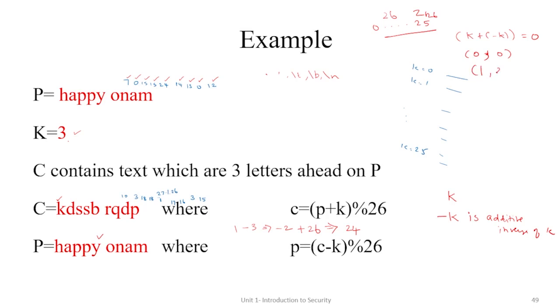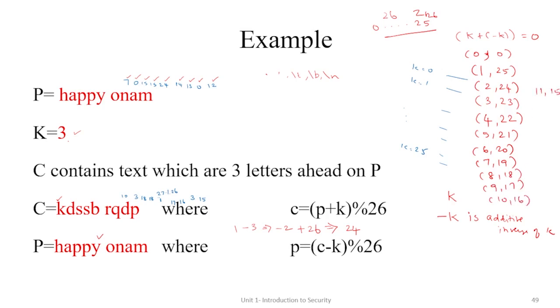If you add 1 and 25, you get 26. 26 mod 26 is 0. So for 1, it is 25. For 2, the additive inverse is 24. 3 means 23. If it is 4, its corresponding additive inverse is 22. 5, 21, 6, 20, 7, 19, 8, 18, 9, 17, 10, 16, 11, 15, 12, 14.